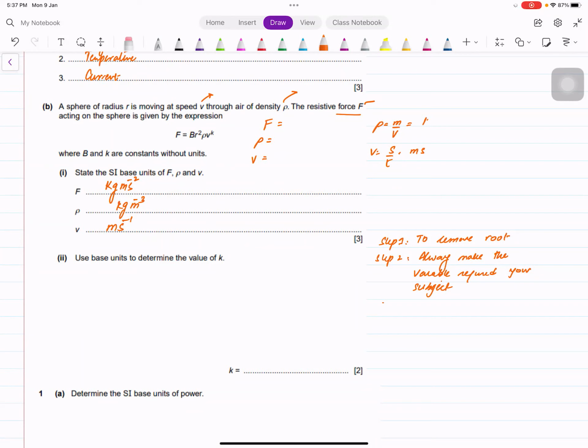Now, we need this k in the equation. So what I'm going to do is write F equals B r square rho v to the power k. Now this is a difficult question, so I'll solve this and you can follow along. To find k, I'm going to make the k the subject, so it's on v.